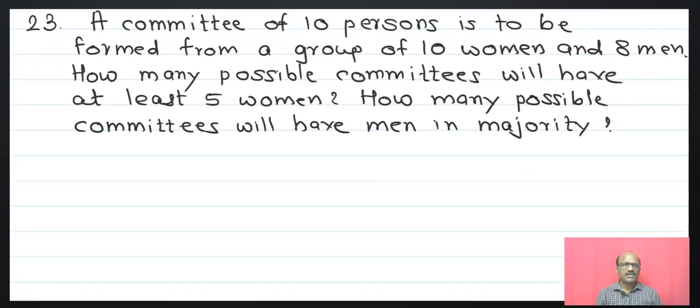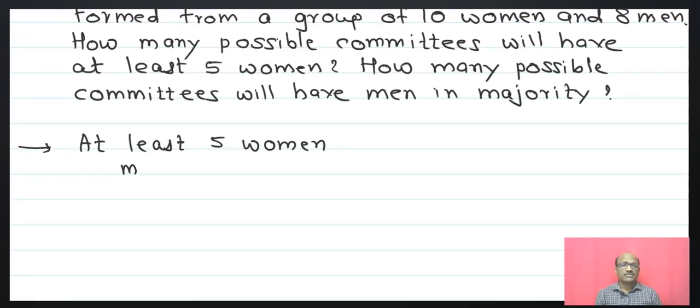At least 5 women, that is, we have to form the committee of 10. At least 5 means 5, 6, 7, 8, 9, 10 women. So we can select it.